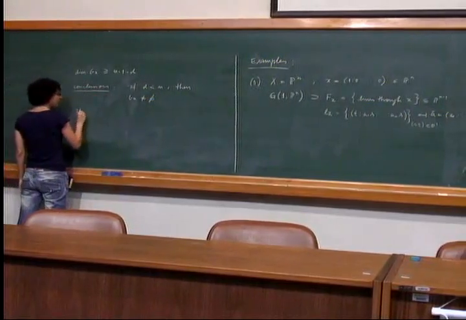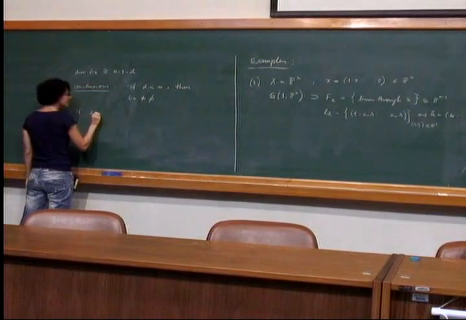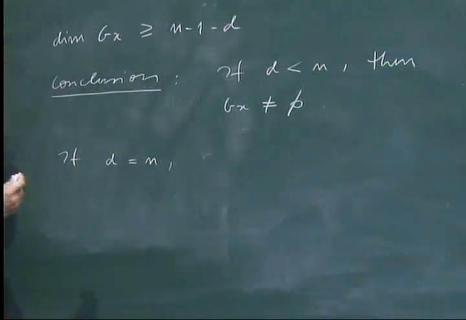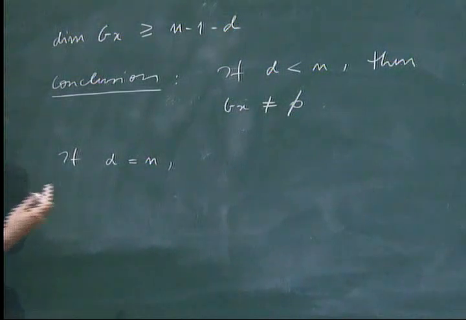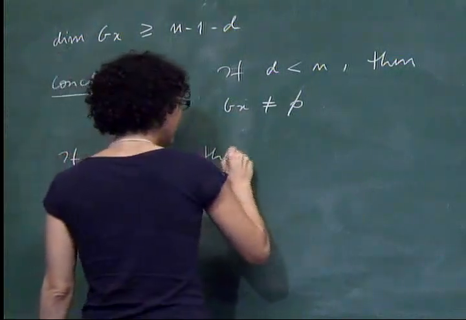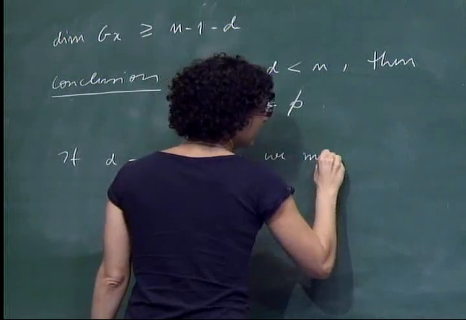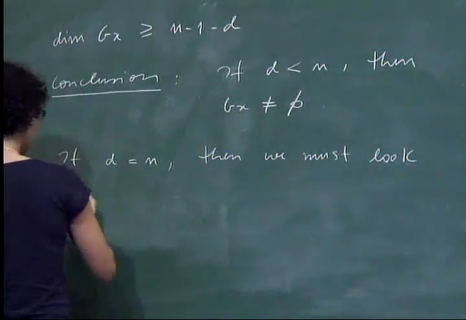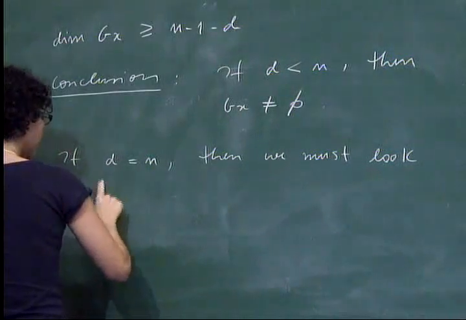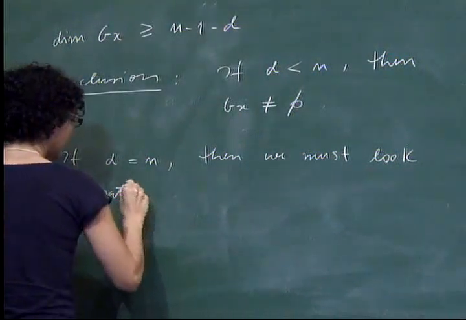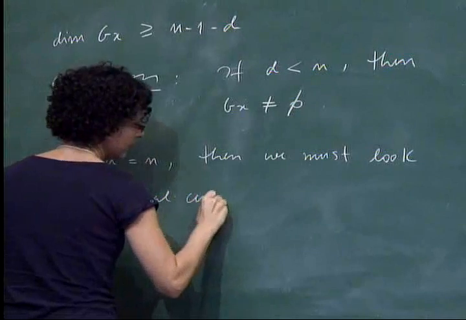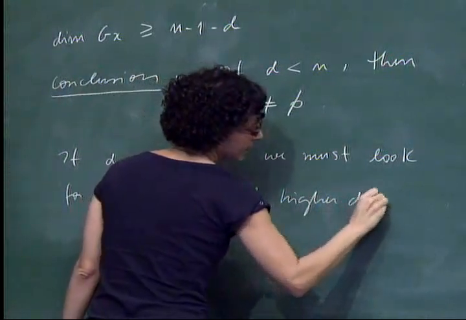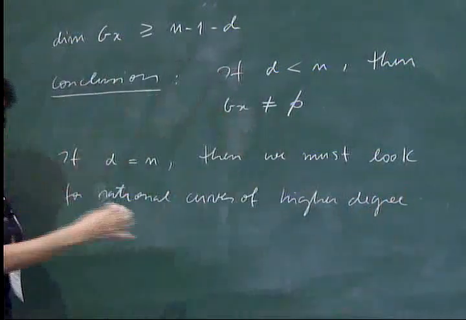So if d is exactly n, then we must look for rational curves of higher degree, but it's possible to find them.